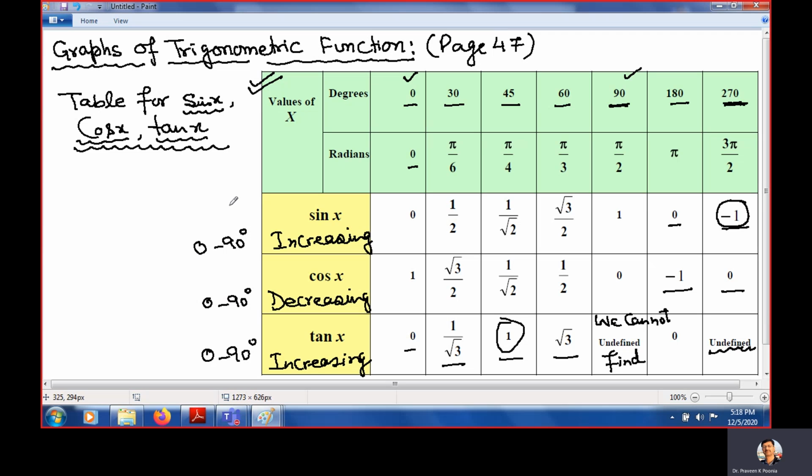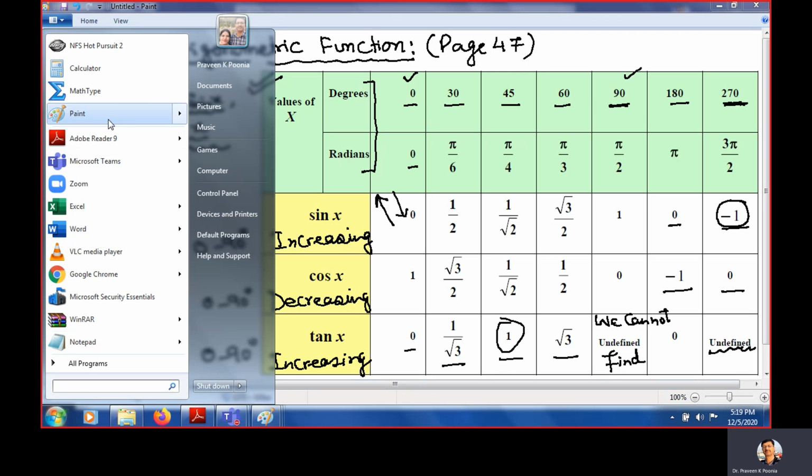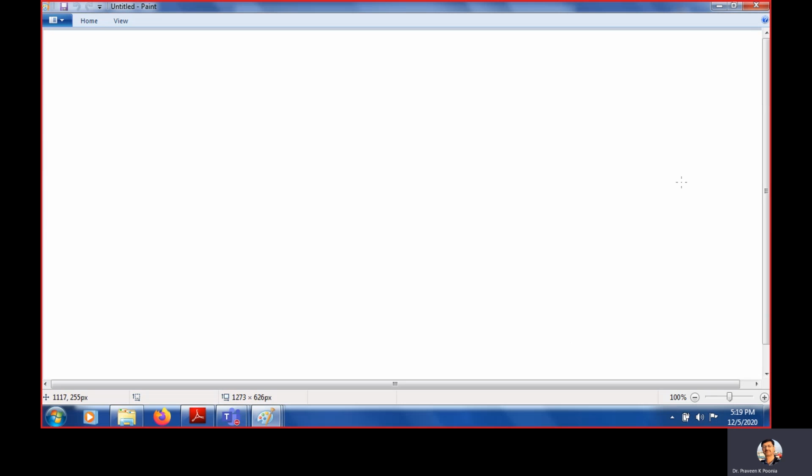When we learn inverse functions, I will explain this table again, because here, if degrees and radians are given, we are finding the decimal numbers, that is sine, cos, tan. And if these numbers are given and we need to find the angle, then these are inverse functions. But that we will study later. Here we are not going to study those values.